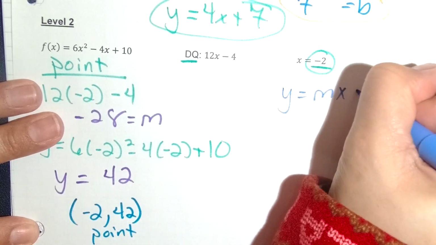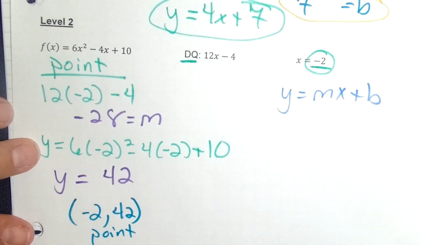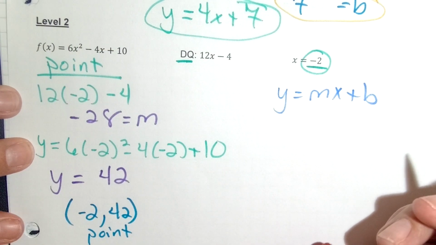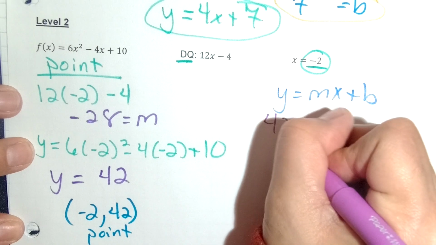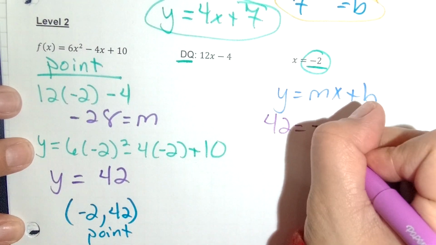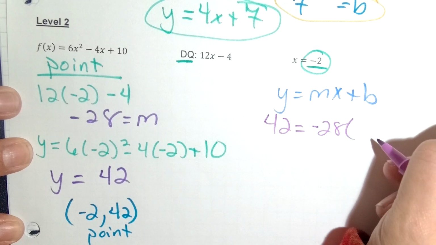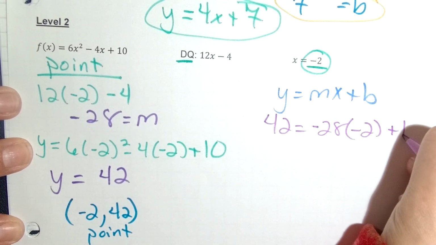Good. Okay. So what am I doing, Lucero? My y is 42 equals m, which is negative 28, times x, which is negative 2, plus b. Very good.